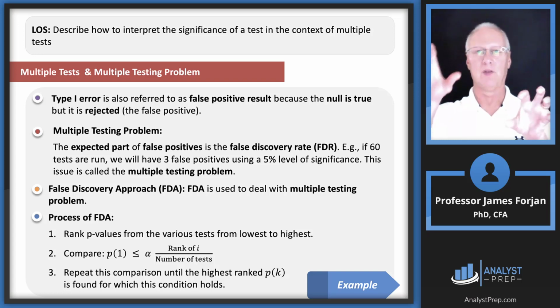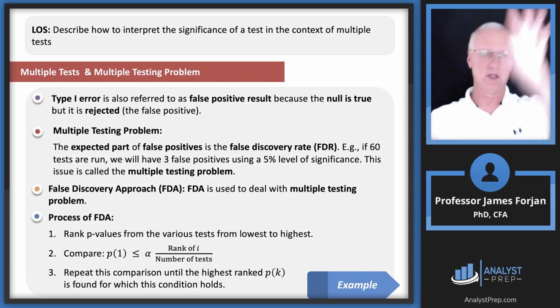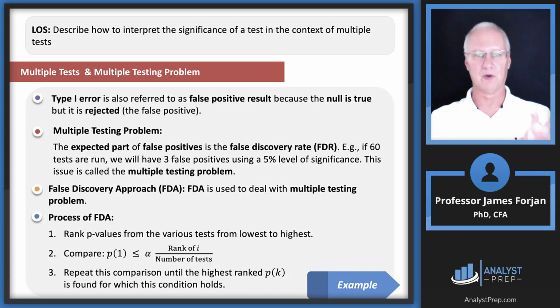And that's because this sample and all these multiple samples, they're going to be different samples. And so we may have some kind of a false positive. So we need to try to figure out how we can test if we have a significant false discovery rate. So this is what we're going to do, this false discovery approach.